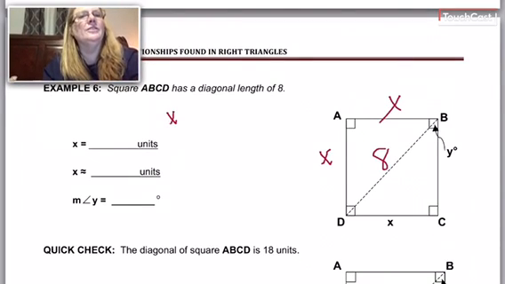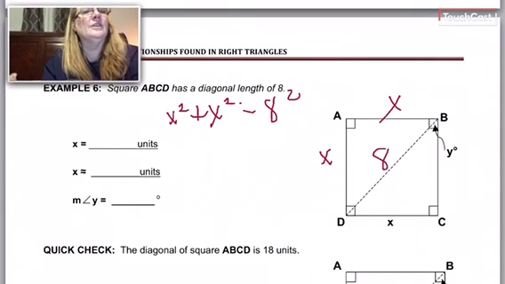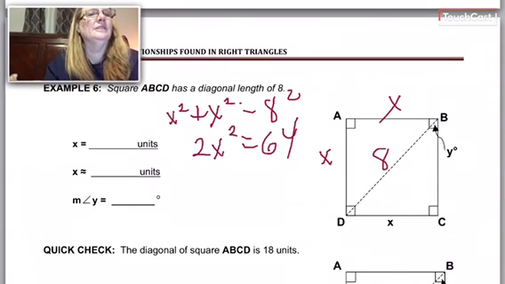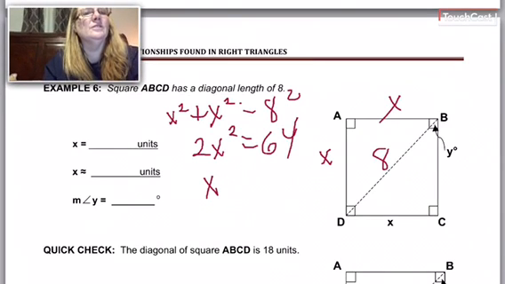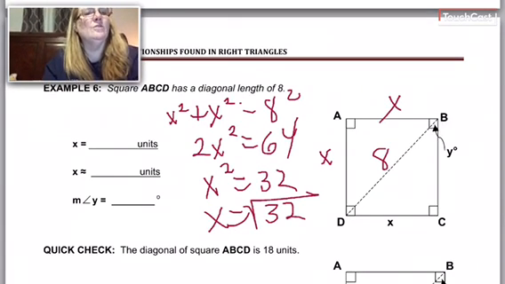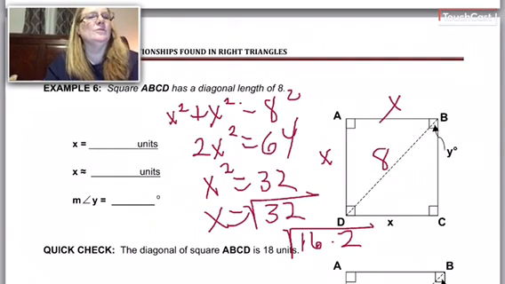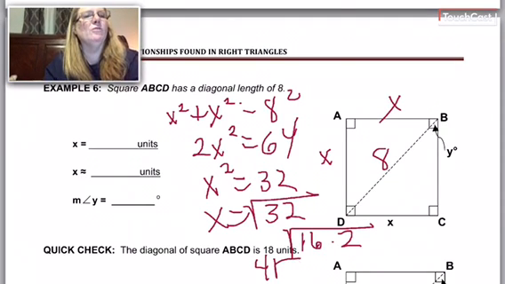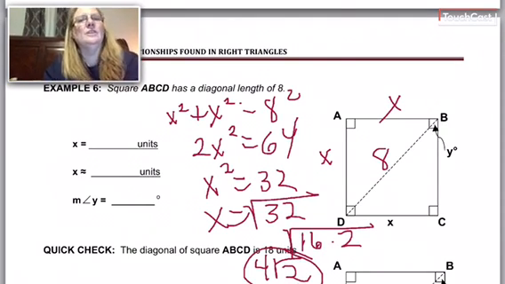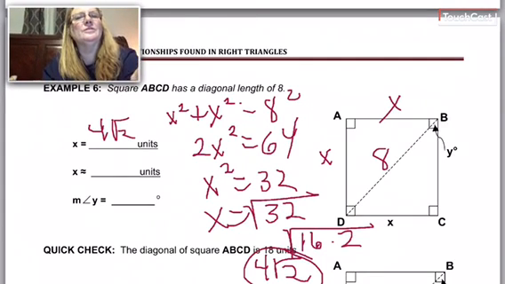We get x squared plus x squared is equal to 8 squared. 2x squared is equal to 64. Divide both sides by 2. x squared is equal to 32. x is equal to the square root of 32, which can be rewritten as the square root of 16 times 2. So you're going to take out the 4, and this is going to be 4 times the square root of 2. So x is 4 times the square root of 2.